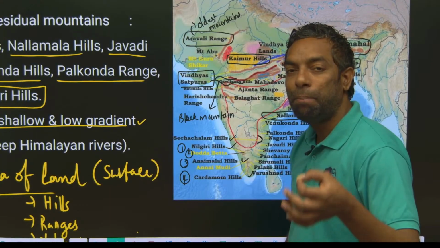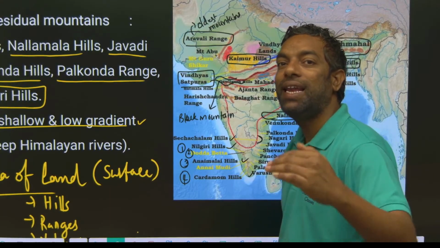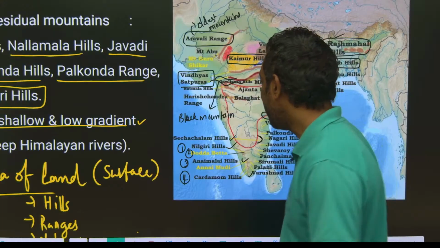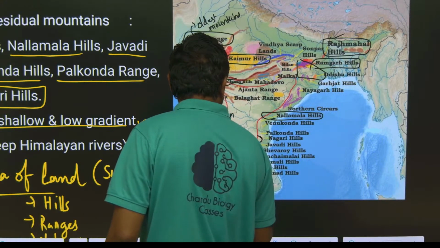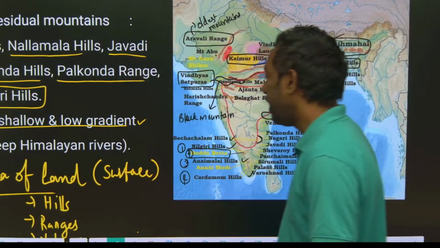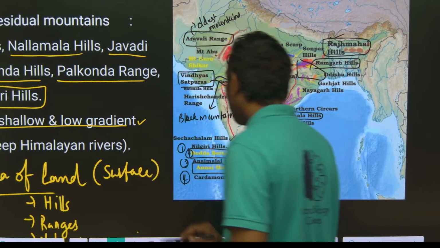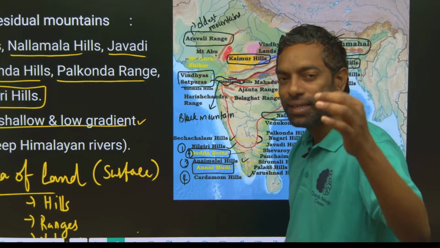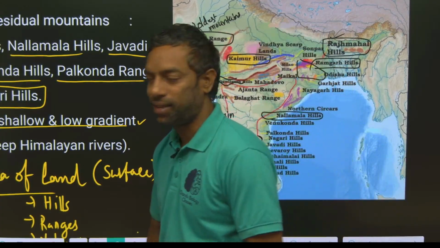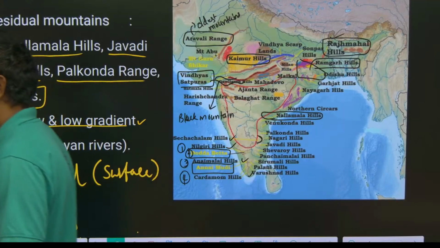Before that, main high hilly areas are Dodabetta. Dodabetta is the highest hilly area. Annaimudi is the second highest in the Western Ghats. This is the most key point for the exam, guys.